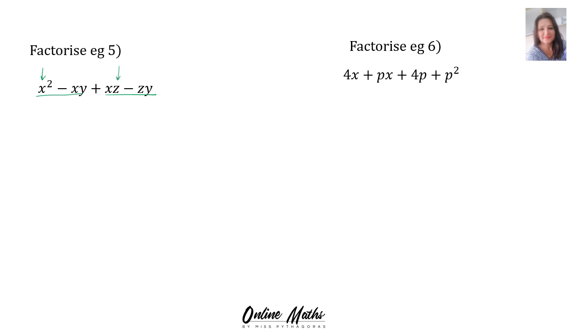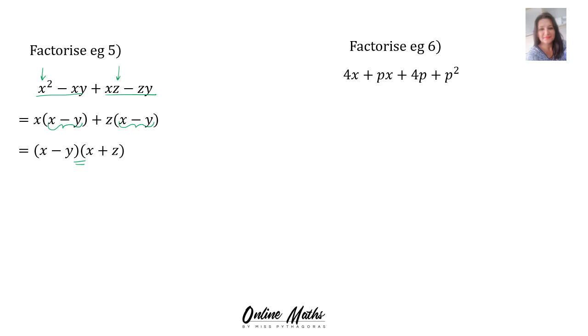So when I take out x, I'm left with x minus y, and when I take out z, I'm left with x minus y. Then I can take out x minus y, and I'm left with x plus z, and no sign in between.